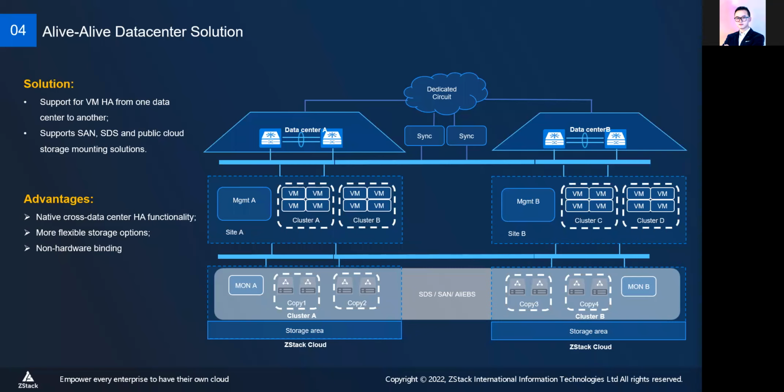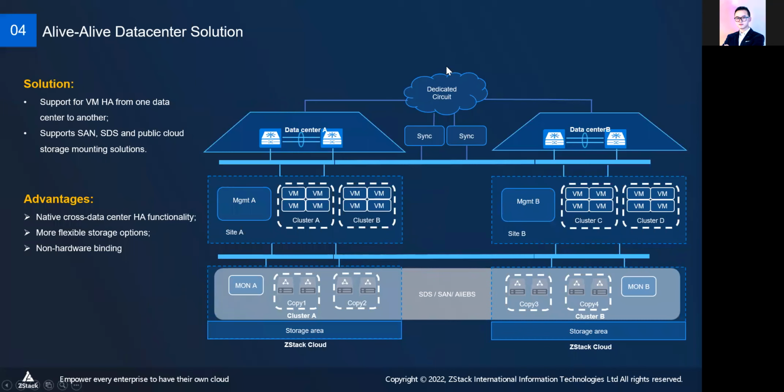Once we have shared storage, ZStack has a built-in feature we call cross-cluster HA, which means you just put these two resource pools into two clusters. If one cluster fails, the virtual machines will automatically migrate to the other cluster.